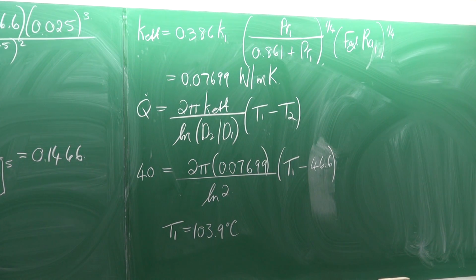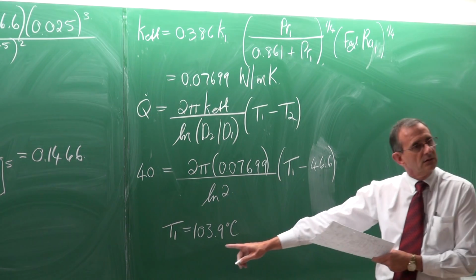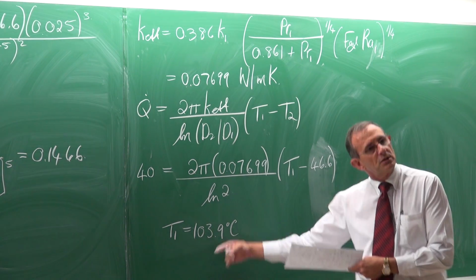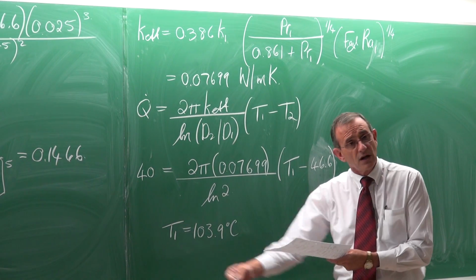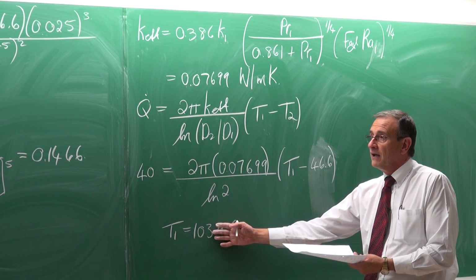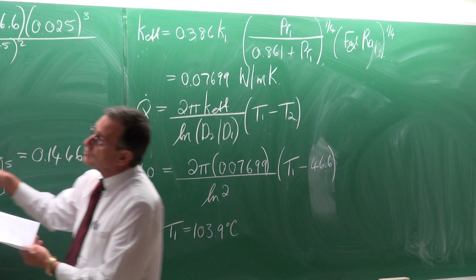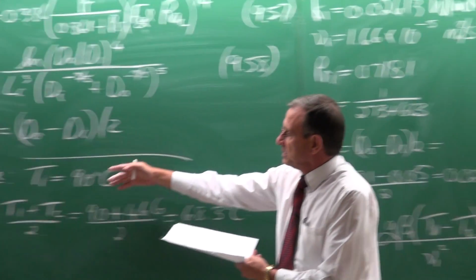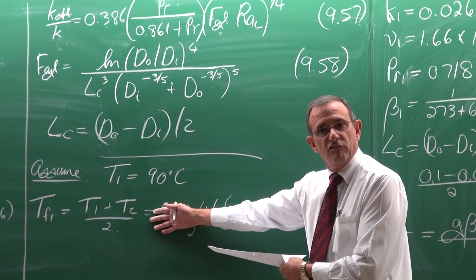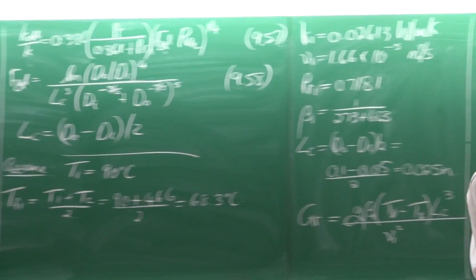That doesn't mean it is correct, because this is based on my assumption of 90 degrees. So I used that value, went back to my assumption, put it in here, recalculated TF1, and went through the whole problem again.